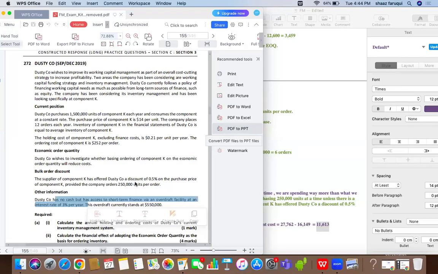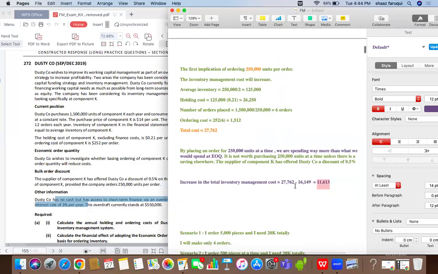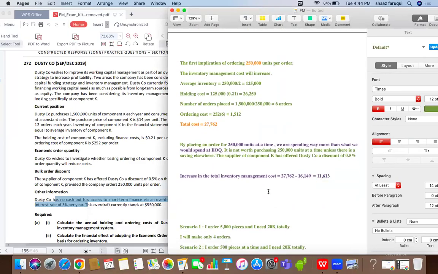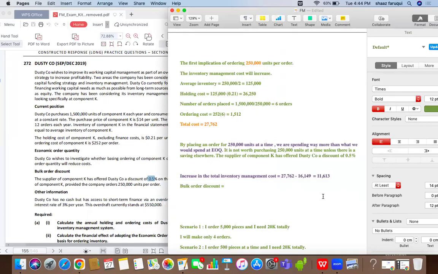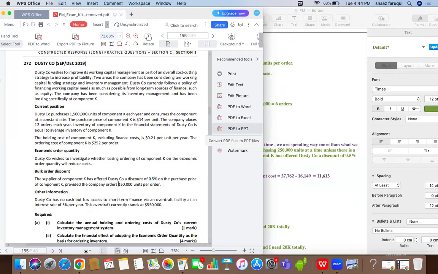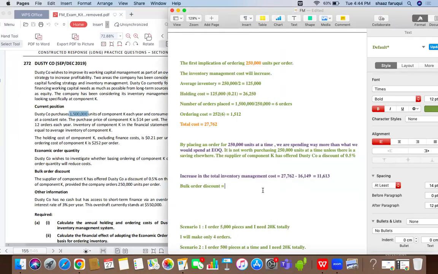We need to see. First and foremost, again, when you go with the bulk order, you get a discount. How much discount are you getting? You're getting a 0.5% discount. And you will not get it only on the 250,000 units. You will get it on all the units.